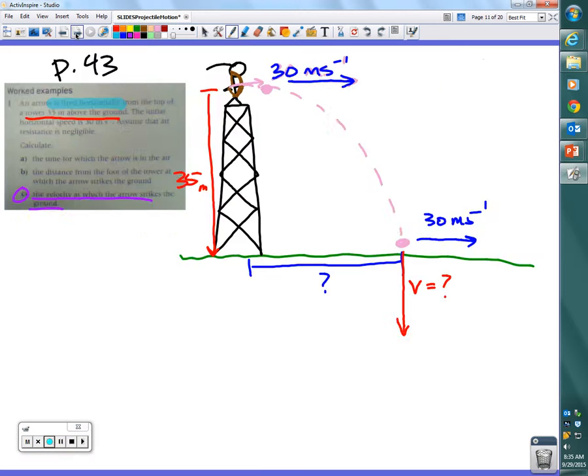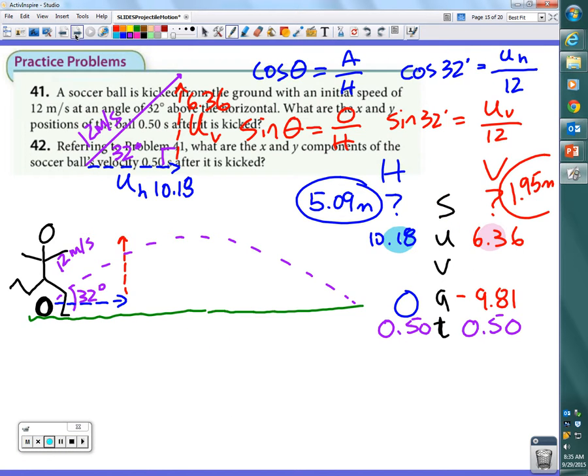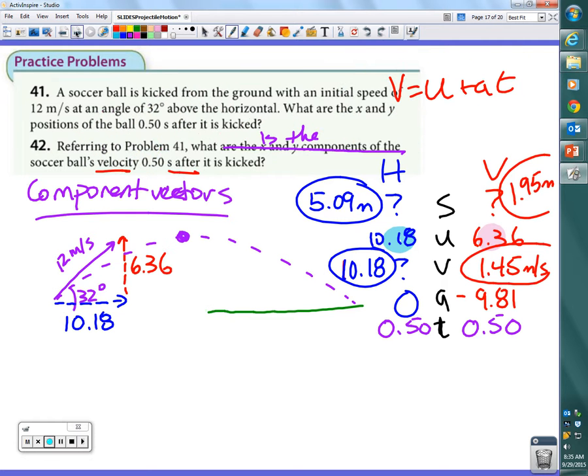So, going back to this picture right here, nope, this one. That's the top of the motion, right? That's not the one that we want though. I'm going to erase some things here. This is the beginning, so let's get rid of that because we're not worried about that anymore. And so, we said 0.5 seconds.